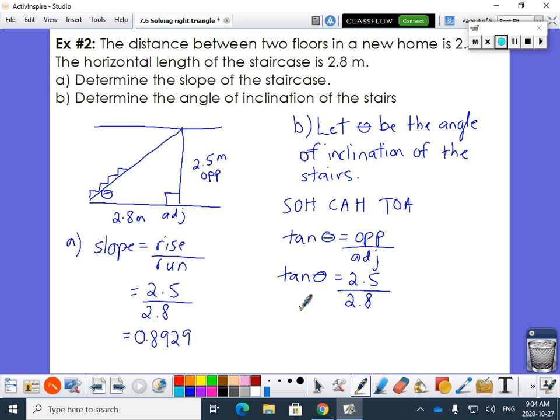The inverse. So theta equals tan to the negative 1, 2.5 over 2.8. And remember, you could have put this into a decimal if you wanted to. If you punch that into your calculator, you would get 41.8 degrees. So we can put that here.